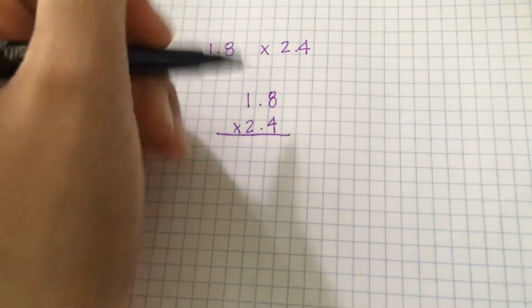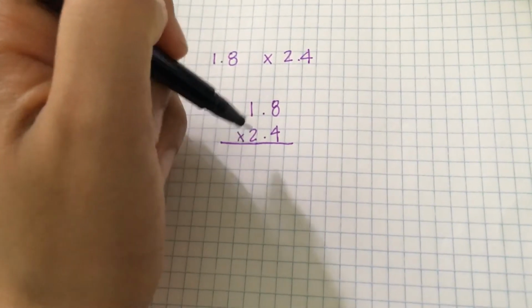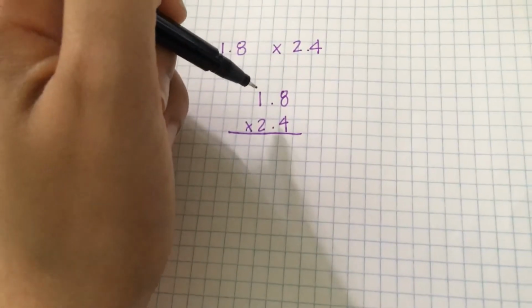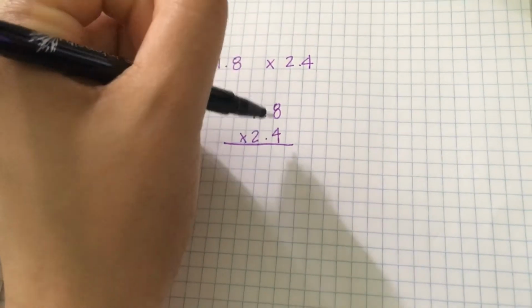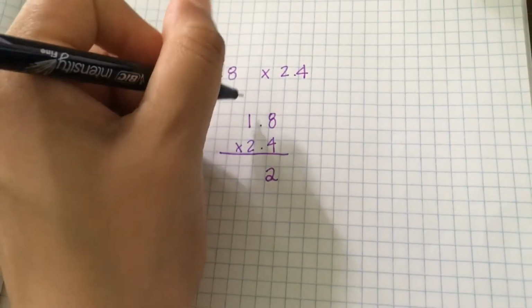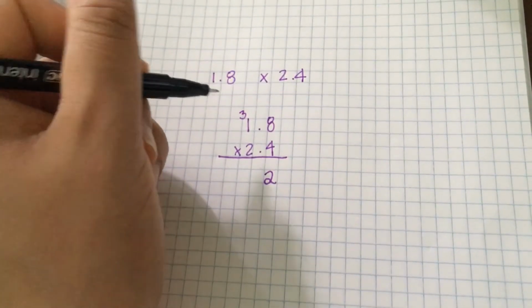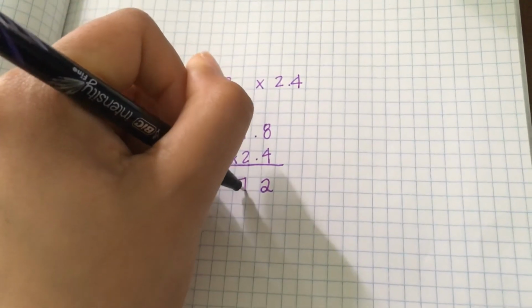So the first step would be multiplying the 4 times the 8 and the 4 times the 1 before we move on to the 2 times the 8 and then the 2 times the 1. So 4 times 8 is 32, so we leave the 2 down there and we have to carry the 3. 4 times 1 is 4, plus 3 is 7.